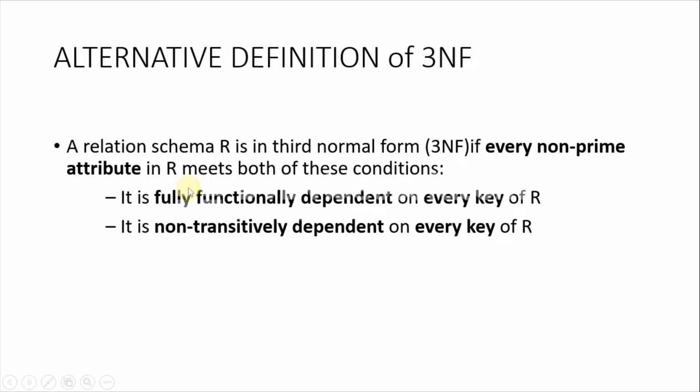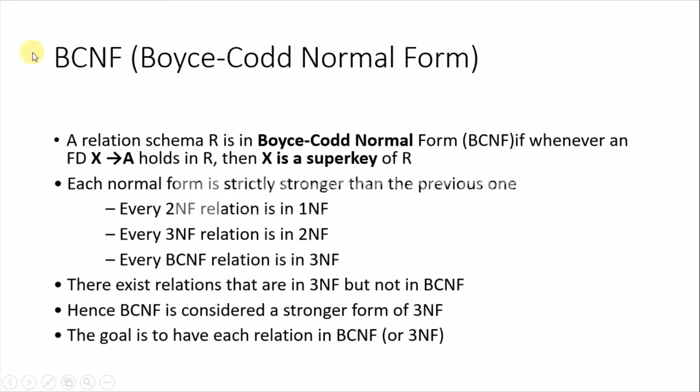In the first class itself, we said that these were proposed by Codd. Now Boyce also joined with Codd and formed another normal form, that is Boyce-Codd normal form, or BCNF. A relation schema R is in Boyce-Codd normal form if whenever a functional dependency X to A holds in R, then X is a super key of R.